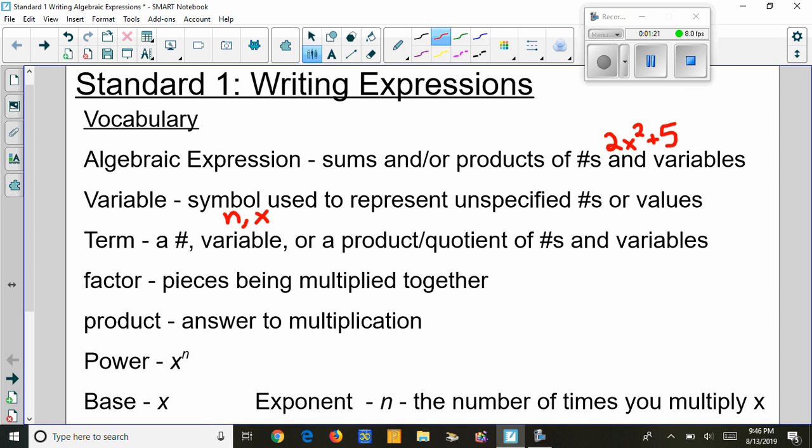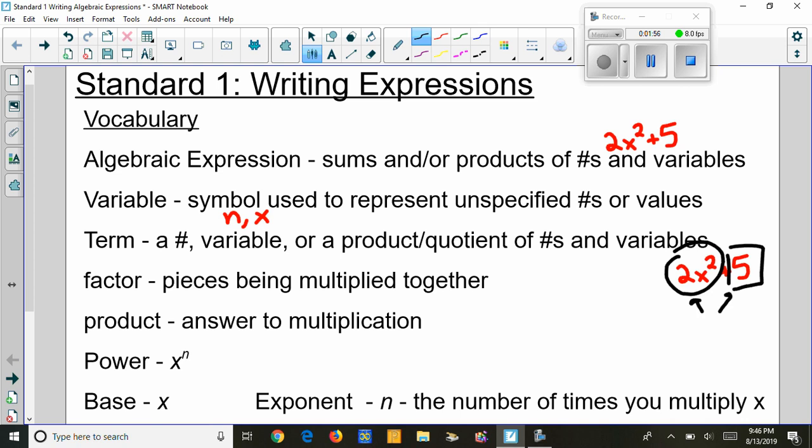A term is a number, variable, or a product or quotient of numbers and variables. Now, earlier I had this algebraic expression, and the part of this that we need to know is that an algebraic expression like this that has the addition actually is made up of two different terms.